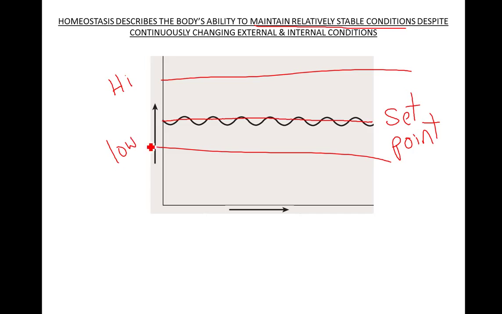So what I just drew here is not a straight line. You're going to have ebbs where you go up and then you go down, up and down, and homeostatic control prevents something from going way out of whack, going up too high or too low. We use the terms hyper and hypo. I'll use that in this video as well.